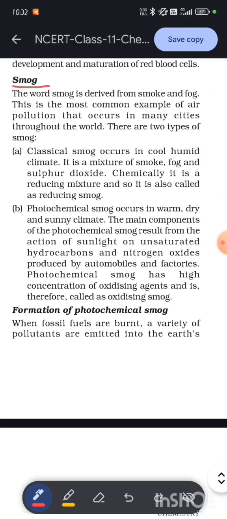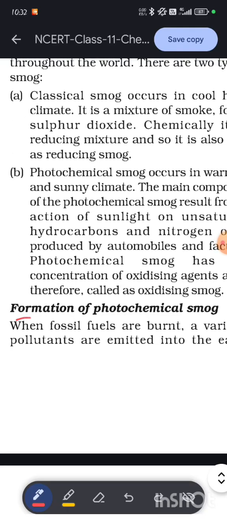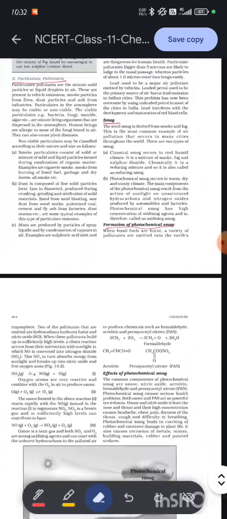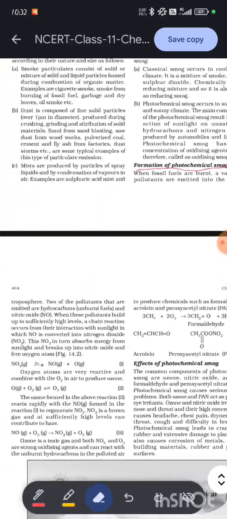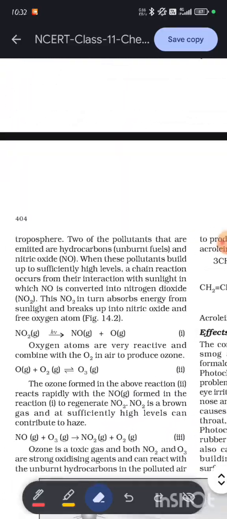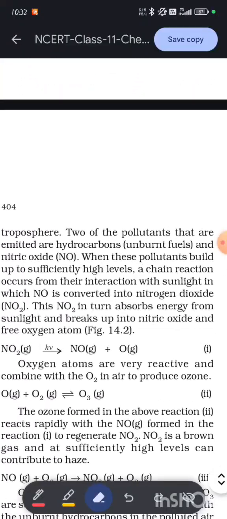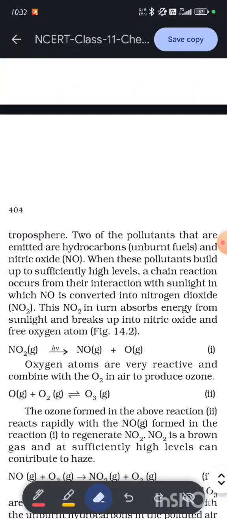Then the next topic is formation of photochemical smog. When fossil fuels are burned, a variety of pollutants are emitted into the Earth's troposphere. Two of the pollutants that are emitted are hydrocarbons and nitric oxide (NO).